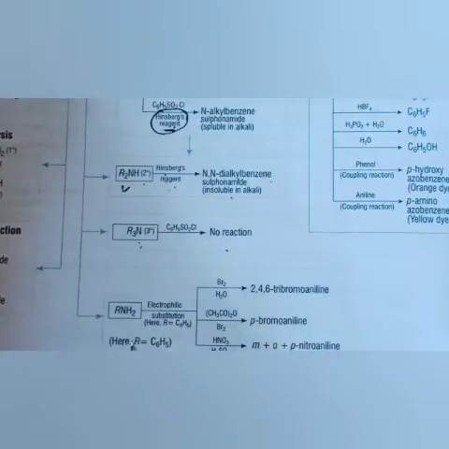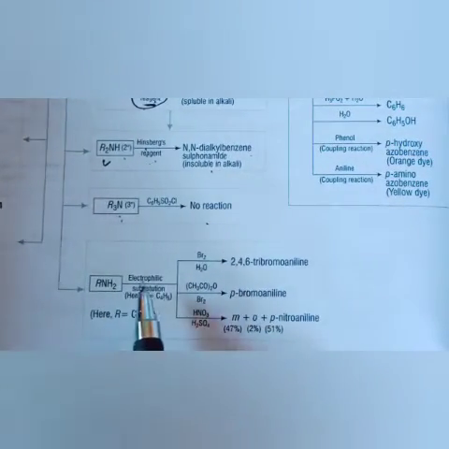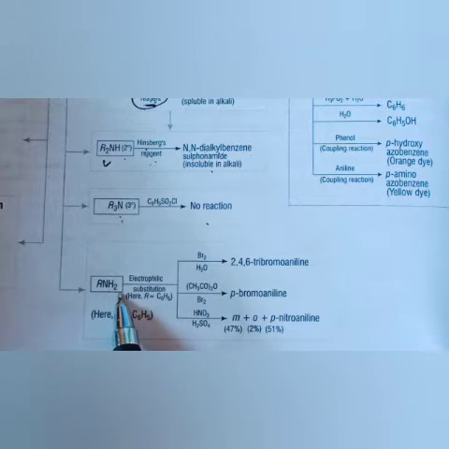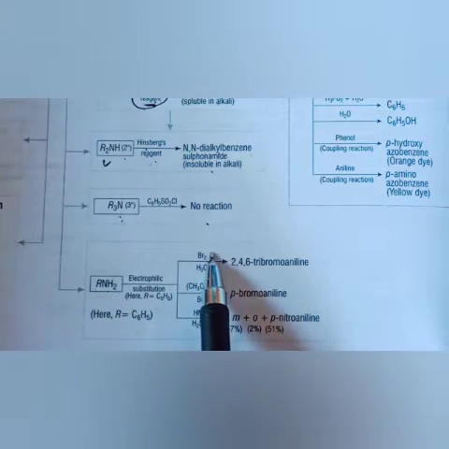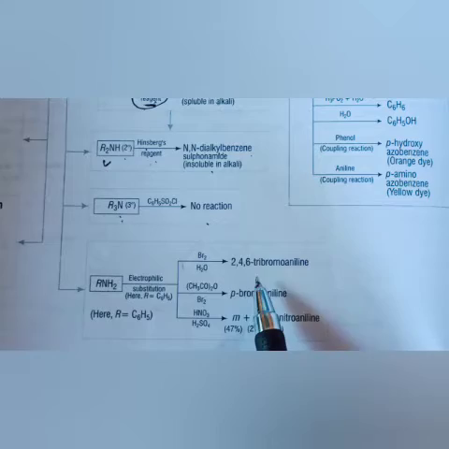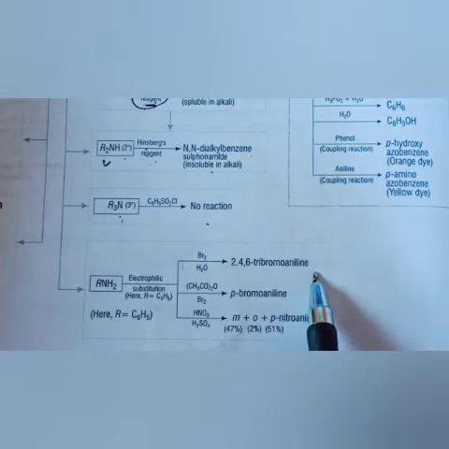Then obviously the mechanism of amine reaction is electrophilic substitution, because it replaces hydrogen on the ring of the amino compound. If hydrogen is replaced by bromine in the presence of water, it will form 2,4,6-tribromoaniline.